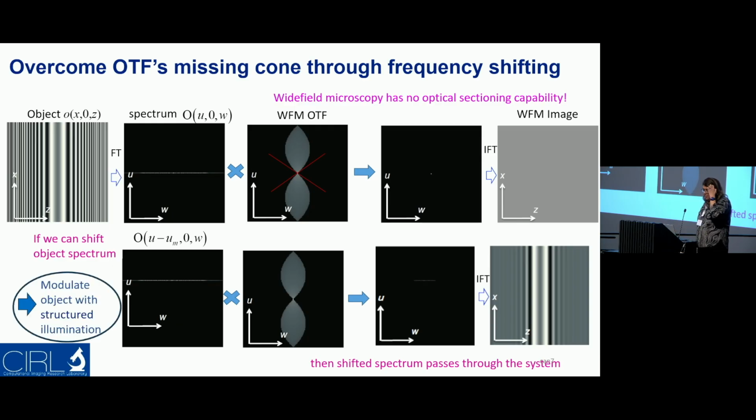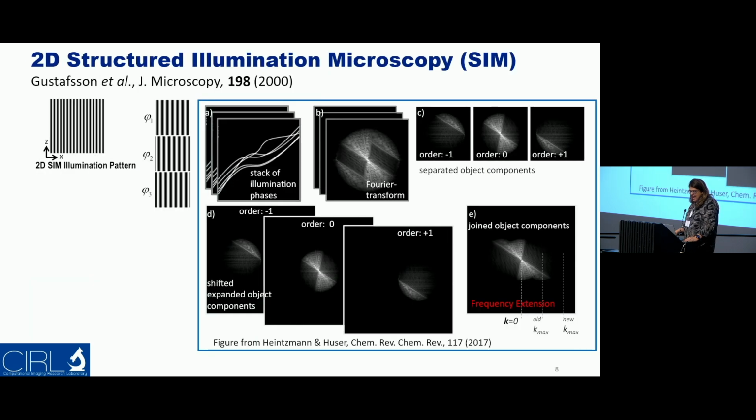So as we know, we can accomplish this phase shifting through modulating the object with structural illumination. So that's the basis. And in 2000, the late Mats Gustafsson showed that you can use a two-dimensional sinusoidal structure pattern to illuminate a sample by laterally phase shifting the illumination.